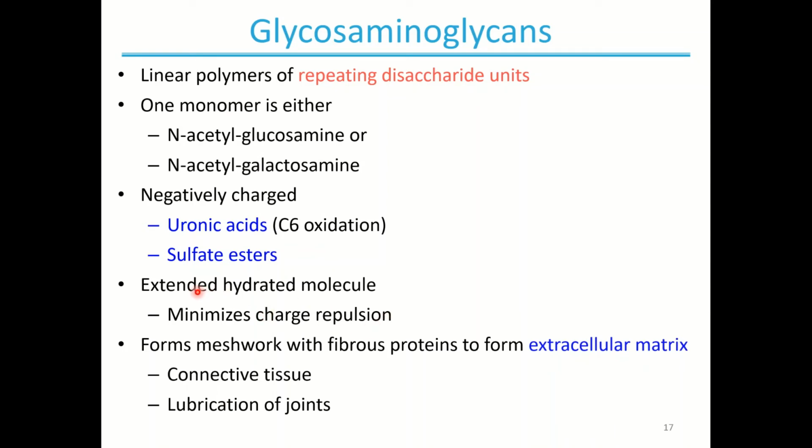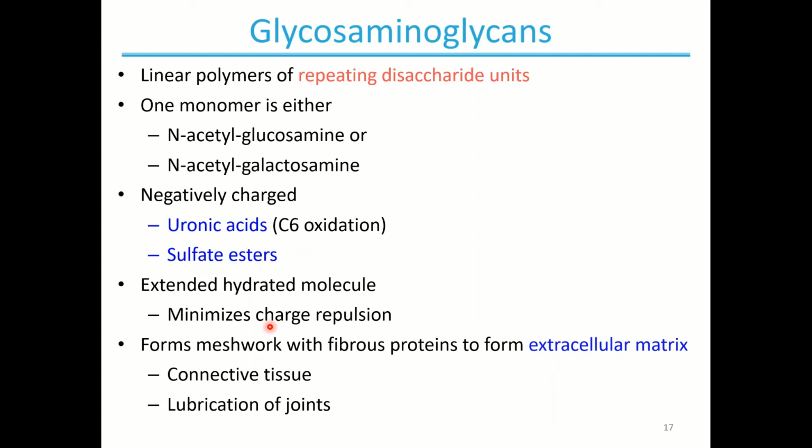Okay. What these make, though, having the N-acetyl groups and the uronic acid or sulfate esters that are negatively charged, it makes these extended hydrated molecules, because they want to minimize the charge repulsion between the sugars that are adjacent to one another, so these become very extended polysaccharides.